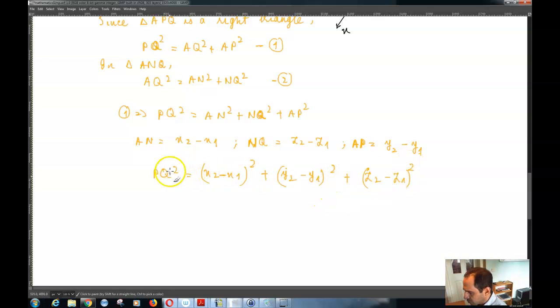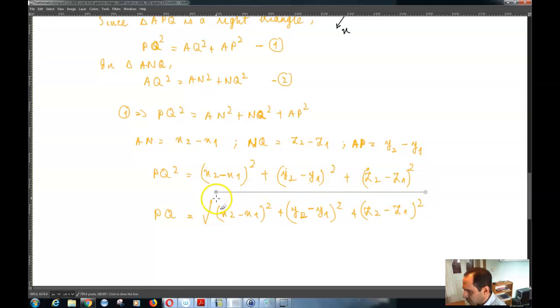And so PQ would be the square root of x2 minus x1 whole squared plus y2 minus y1 whole squared plus z2 minus z1 whole squared, and that is basically the whole story here.